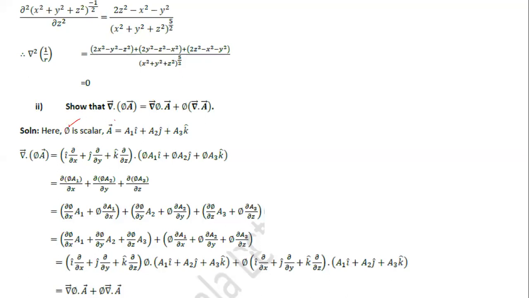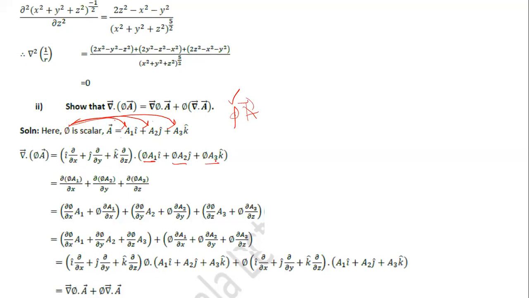So when you multiply a scalar and a vector, you have to multiply all the components of the vector with the scalar. So when you multiply to all the components of the vector, this is what you are going to get.